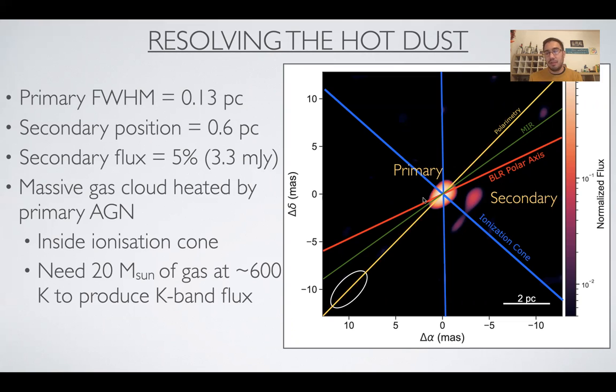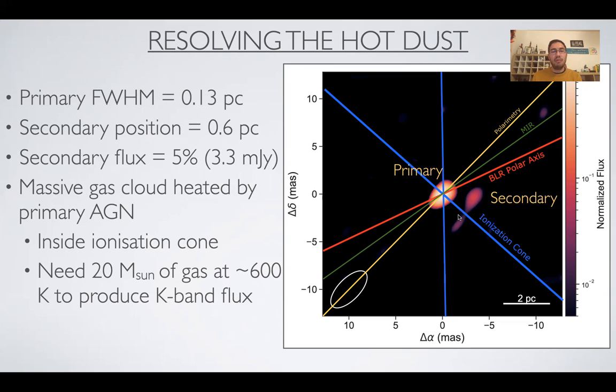Now, our primary explanation for the secondary source is that it's a massive gas cloud heated by the central AGN. Number one, it seems to be well within the ionization cone of the primary AGN as deduced from our broadline region model based on the inclination and position angle of the broadline region. And secondly, we find that we would need about 20 solar masses of gas within the source that's emitting at a dust temperature of around 600 K to produce a K-band flux.